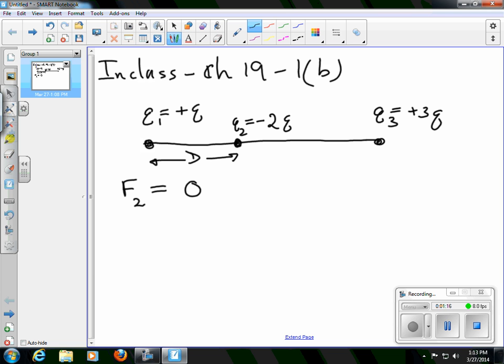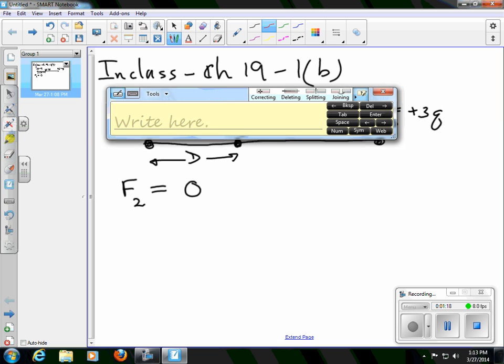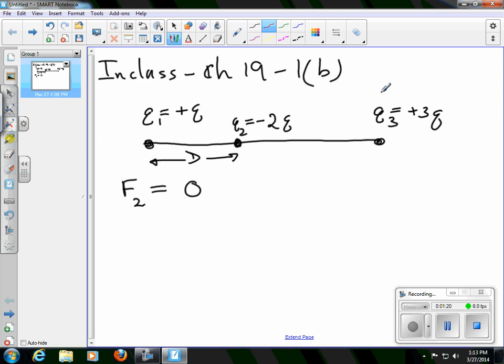Now let's get to the red one. Now force on Q2 from Q1 is directed along this direction. Do you see that? This is force on Q2 from Q1, so I would say F1, because it is exerted from Q1.